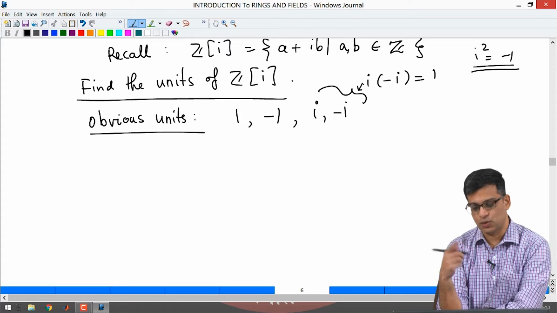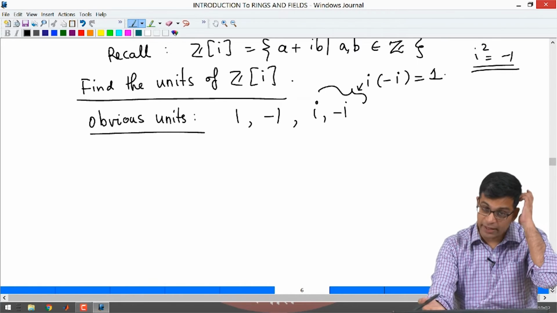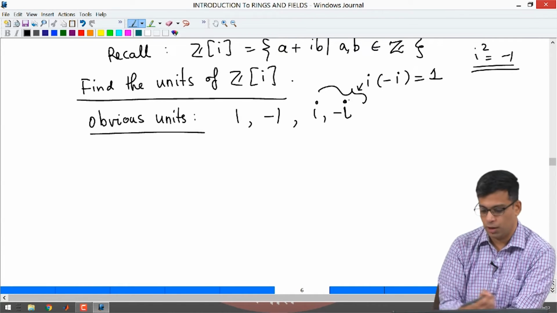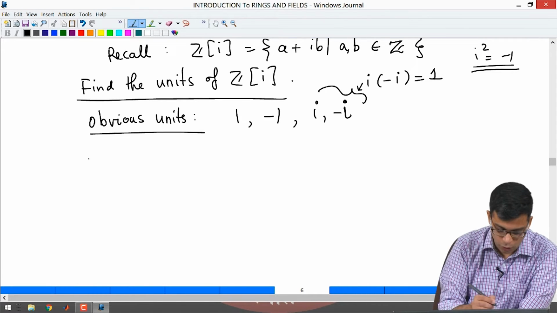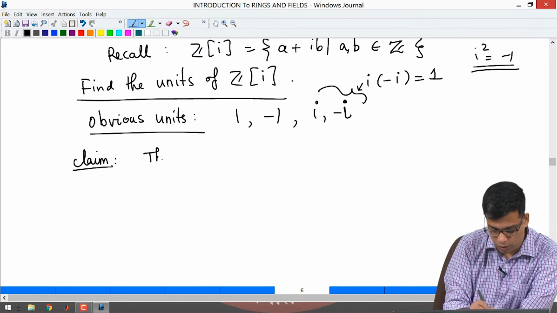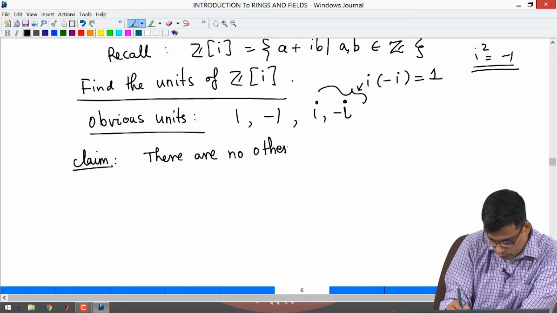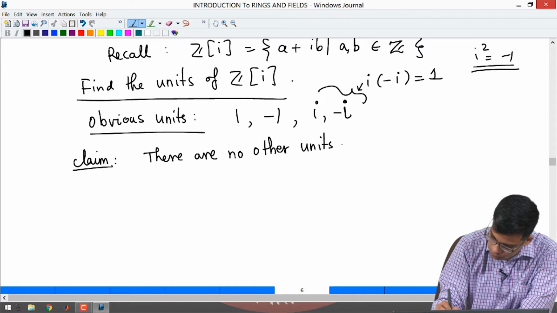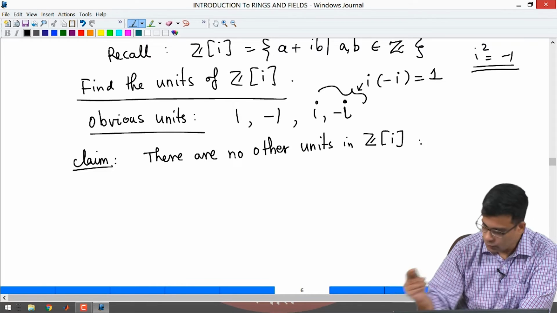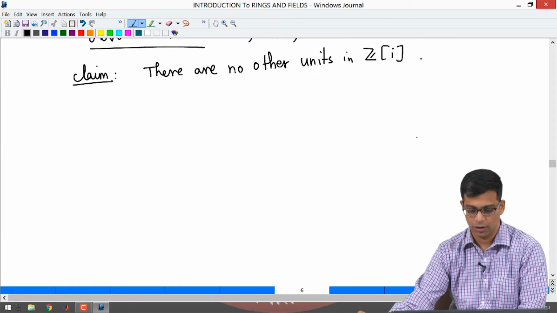Since i times minus i is 1, i has a multiplicative inverse, and minus i has a multiplicative inverse. So i and minus i are definitely units. My claim now, which I want to prove, is that there are no other units. The ring Z[i], the ring of Gaussian integers, has exactly 4 units.